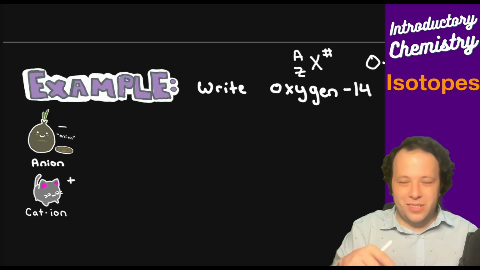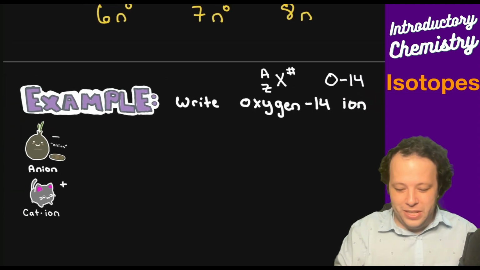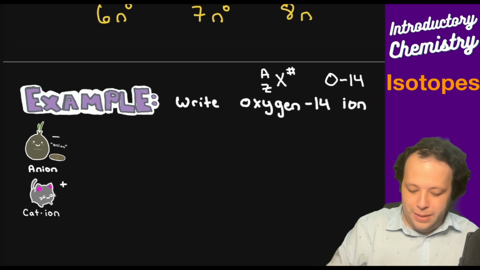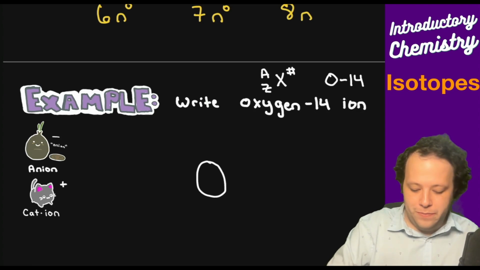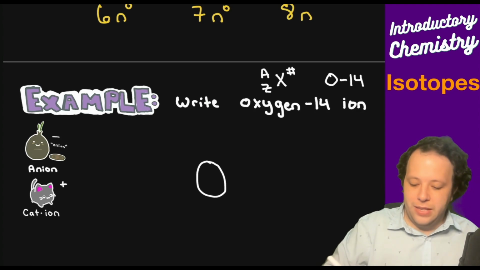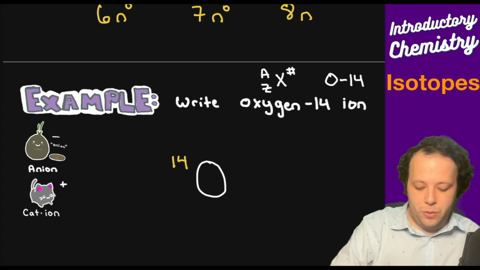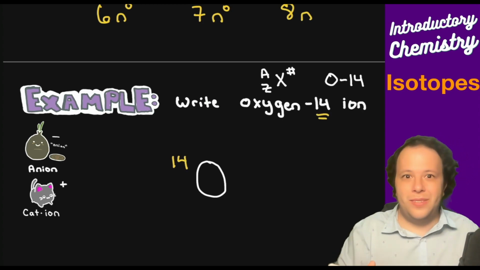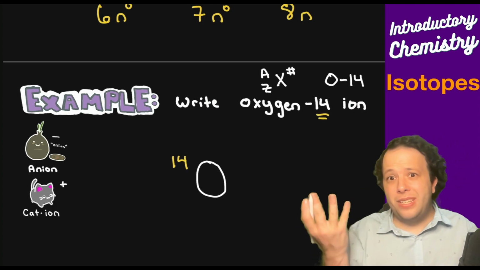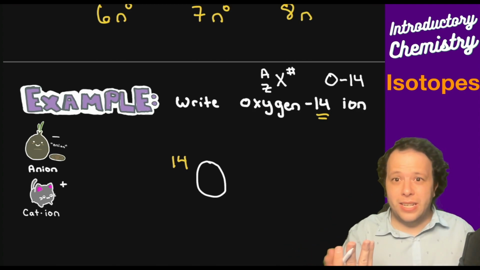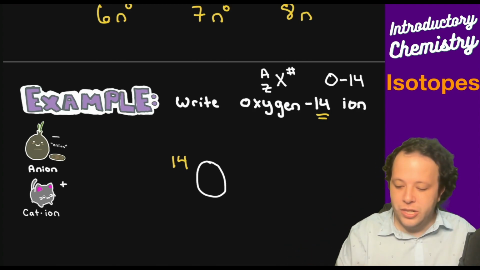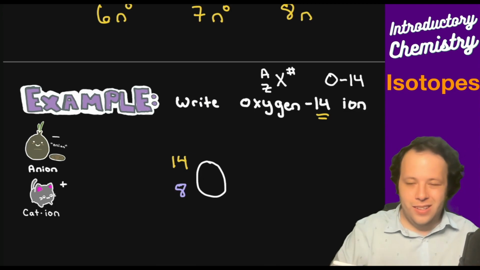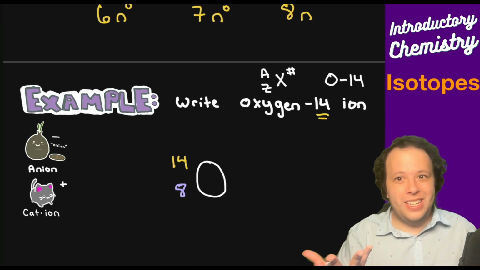Going off of that, how would we write this? Same as before, we'd write our symbol, since it was given to us that this is oxygen 14. So we'll write that down. Now we've got to look up what the atomic number is. When you look on a periodic table, you'll quickly see that oxygen is number 8. Now, what is the charge tendency for this?